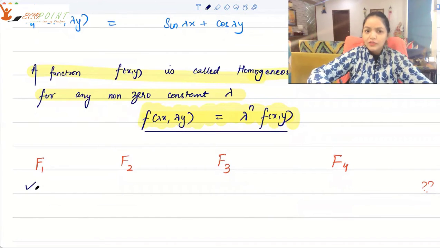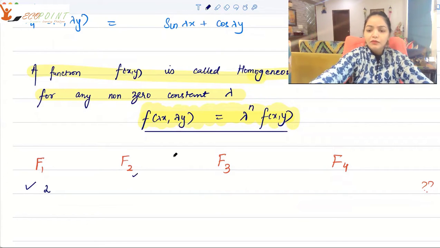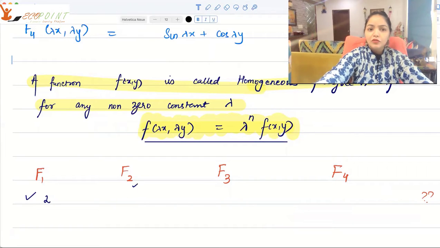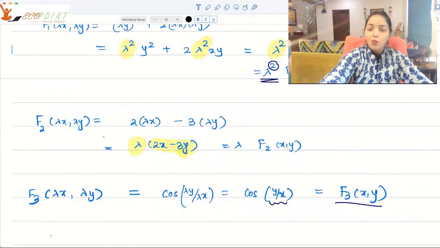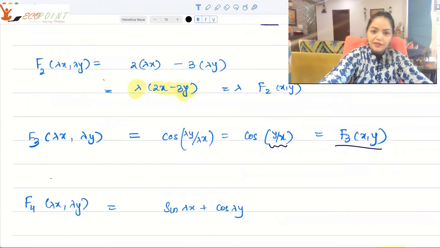f1 is homogeneous of degree 2. f2 is homogeneous of, I don't remember, well, let me just check again, f2 is homogeneous of degree 1, because you had lambda times.